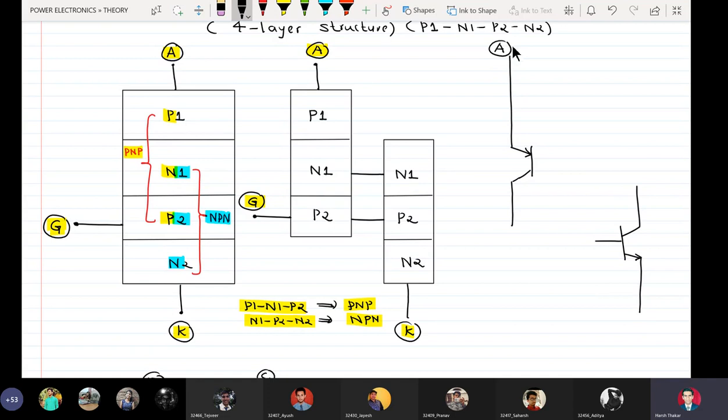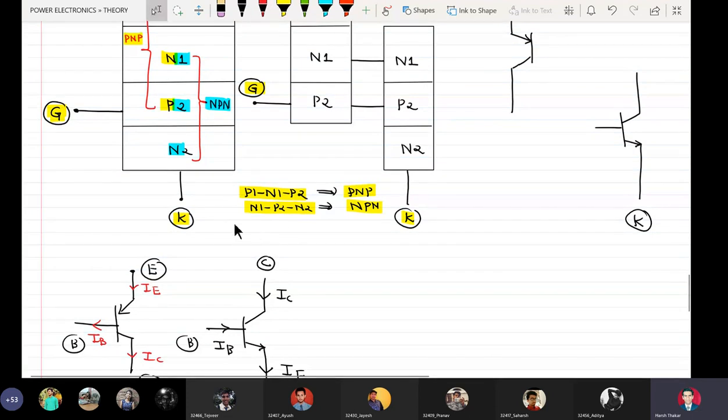So this is my anode terminal A, this is my cathode terminal K, and see here how it is. Fine. So let the PNP transistor be called the transistor Q1, and let the NPN transistor be called Q2.